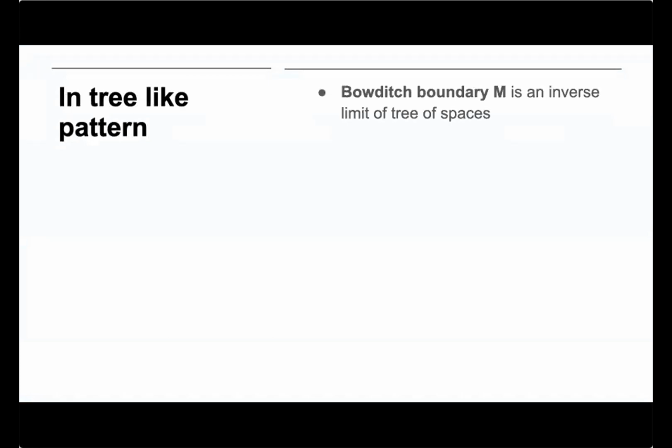So one way to see the Bowditch boundary is as an inverse limit of a tree of spaces. What you do is you glue the boundaries of the vertex groups of an underlying tree. It's actually a JSJ tree, but anyway, you glue the boundaries of the vertex groups of that particular tree, and that inverse limit of that sort of tree of compacta gives you the Bowditch boundary of the entire relatively hyperbolic group pair (G, P).